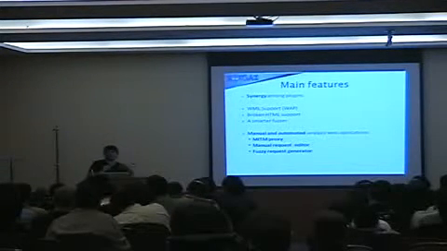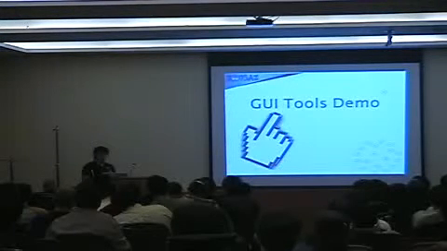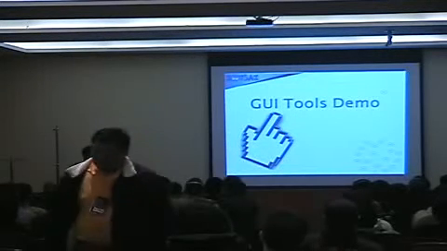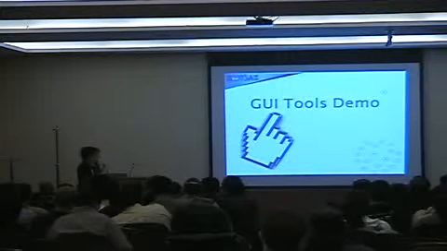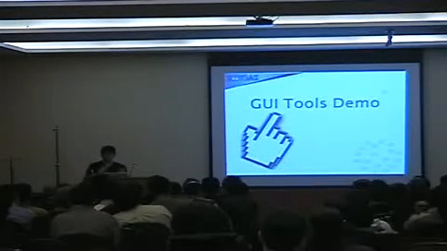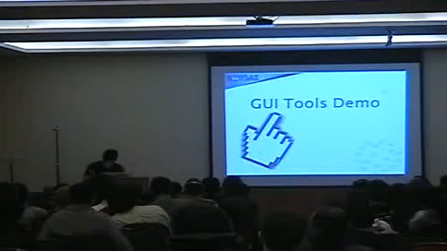Do it. And that's the work of the automated part. So I like demos, and so I'm going to do some demos. This, of course, is the demo about the graphical user interface tools. I haven't really prepared the demo, but let's see what happens.